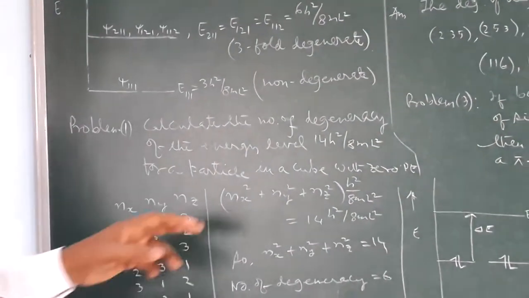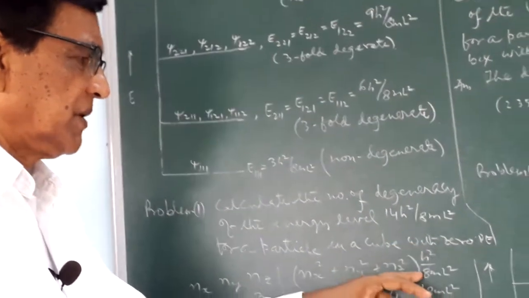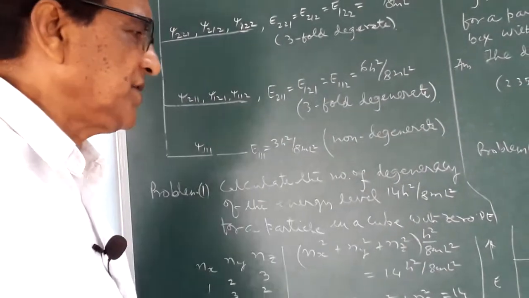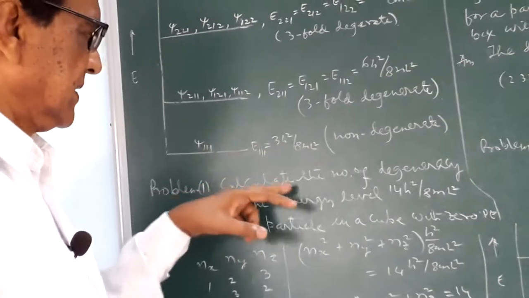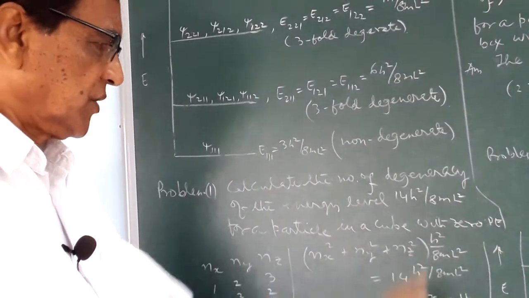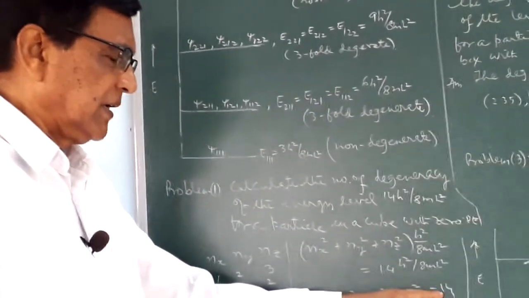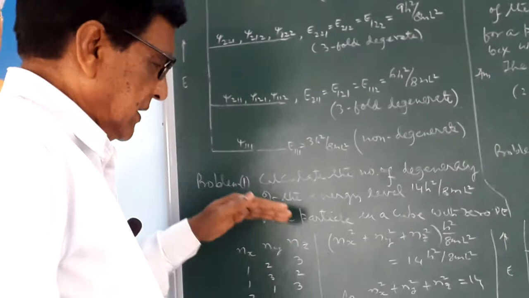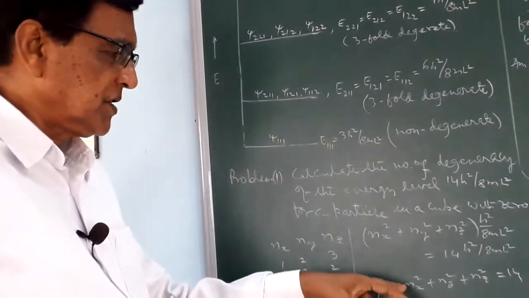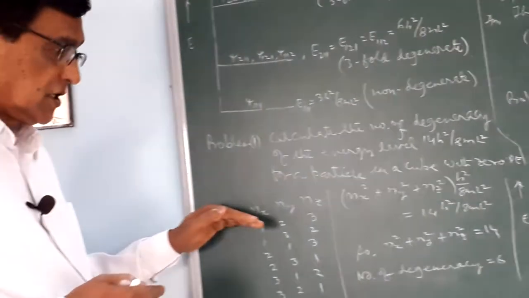We know that (nx² plus ny² plus nz²) h² divided by 8mL² is the total energy, and this is here 14h² divided by 8mL². So actually nx² plus ny² plus nz² equals 14. The combinations of nx, ny, nz will be six combinations.